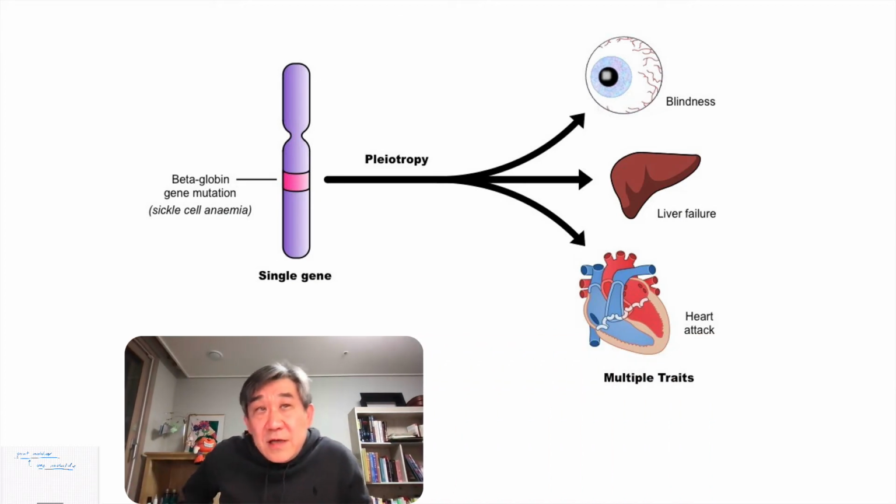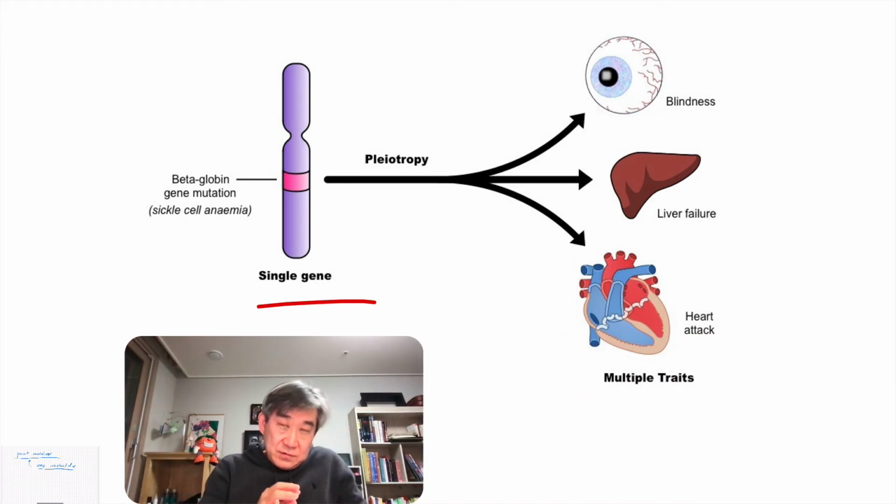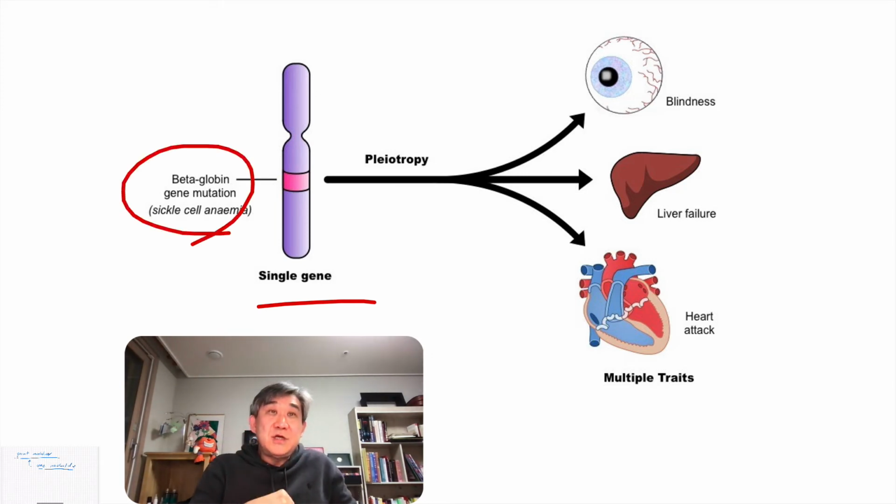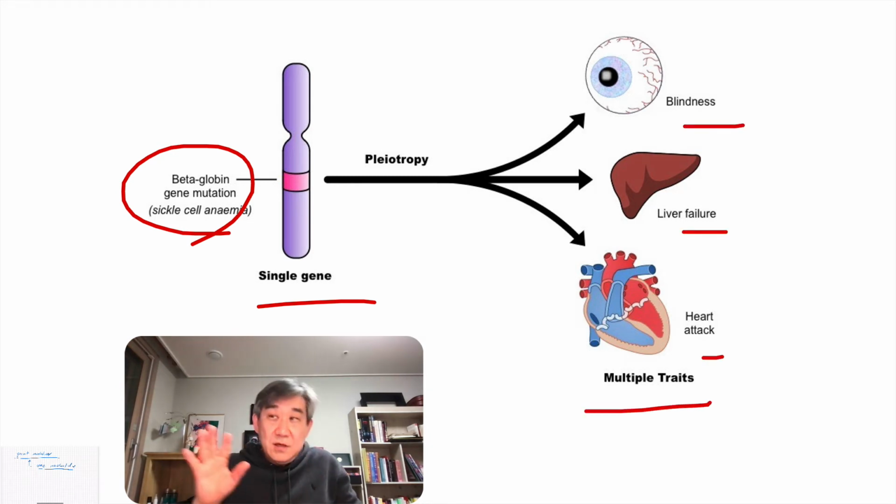So in such an example, this particular trait was the result of one particular gene, the beta globin gene, a single mutation. But as a consequence, you have many different other symptoms.